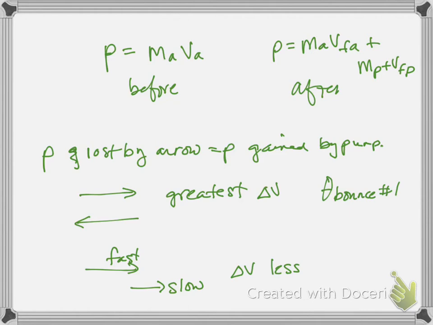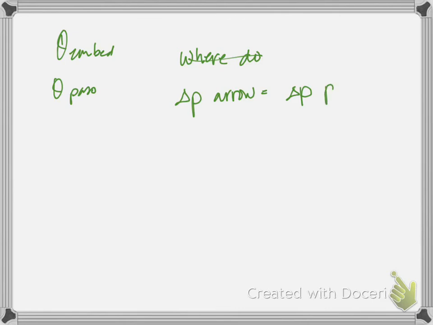Okay, now we have to decide between theta embed and theta pass. And the question again is, the change in momentum of the arrow is equal to the change in momentum of the pumpkin. Now, if we want a higher change in momentum of the pumpkin, we need a higher change in velocity of the arrow. So, which situation results in a greater change of speed for the arrow?